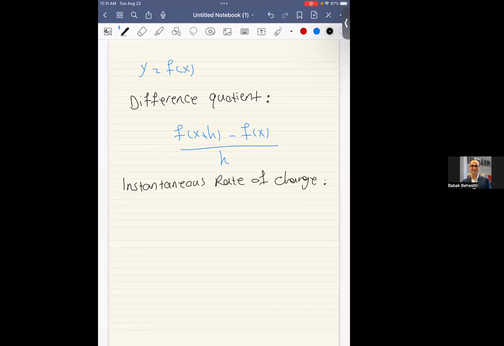Which is just the limit of the difference quotient when h goes to 0. So it's the limit of f of x plus h minus f of x divided by h as h goes to 0.